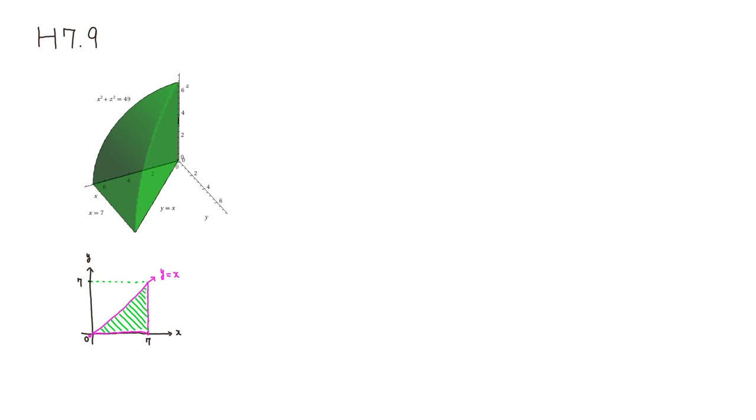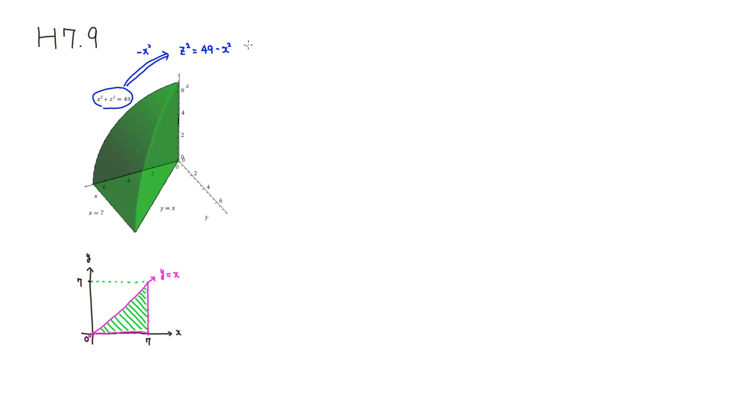First thing I would do is rewrite this surface equation and solve for z. Let's subtract x squared, so we have z squared is equal to 49 minus x squared.